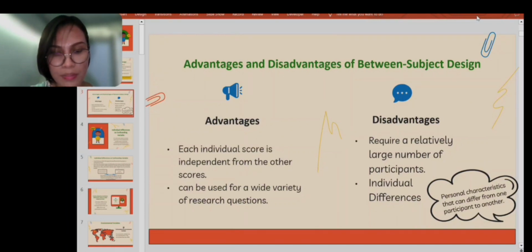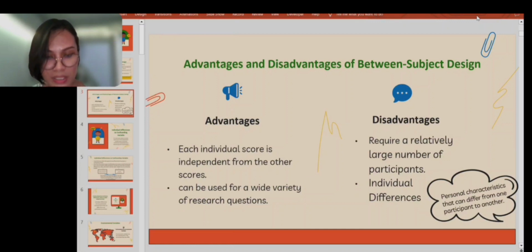Advantages of between-subject design. Each individual score is independent of the other scores. Each participant is measured only once. So, the researcher can be reasonably confident that the resulting measurement is relatively clean and uncontaminated by other treatment factors, because each participant is exposed to only one treatment condition.